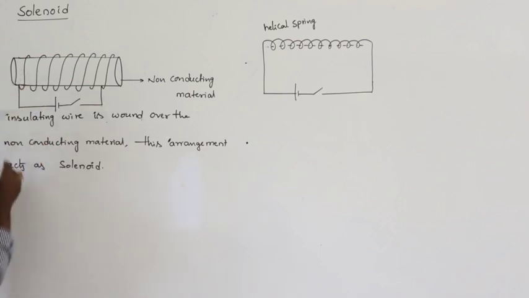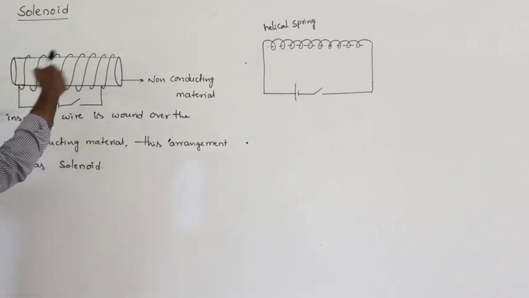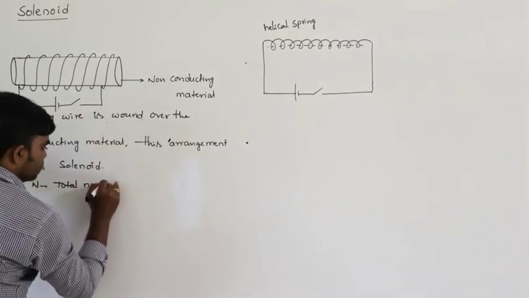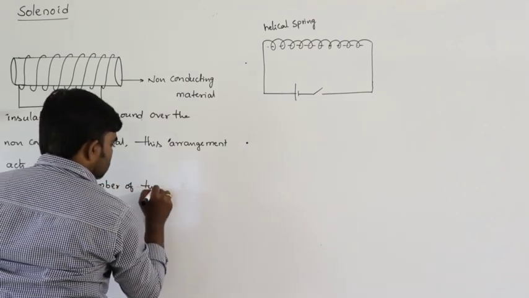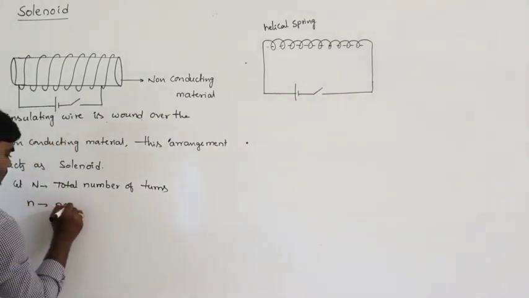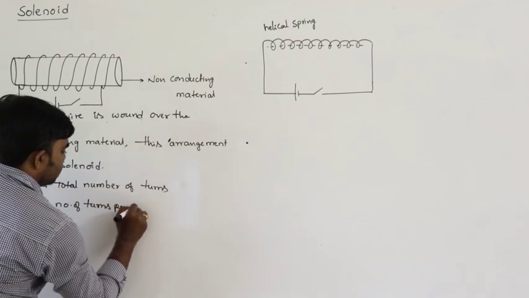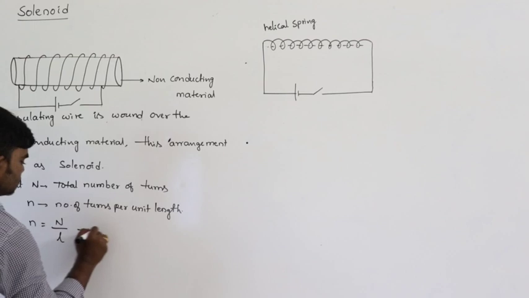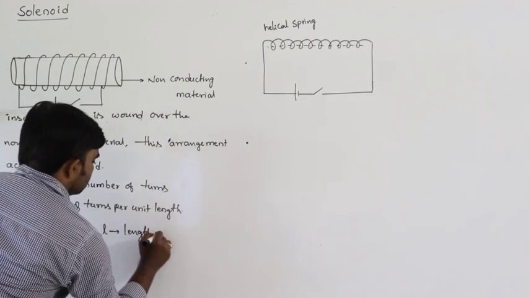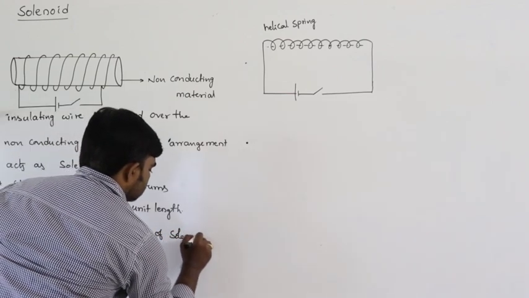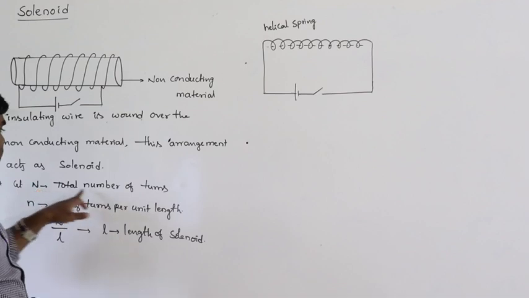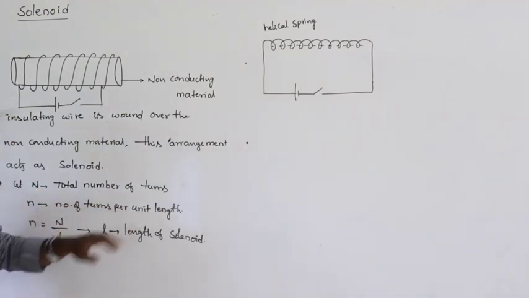One more thing is number of turns. Let capital N be the total number of turns, and small n is the number of turns per unit length.